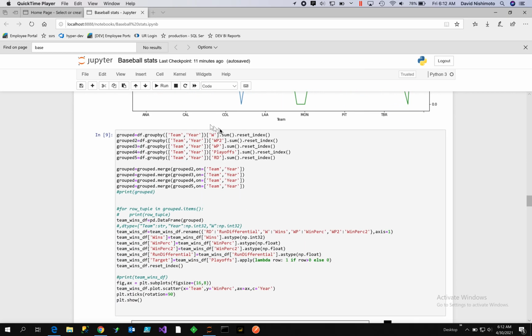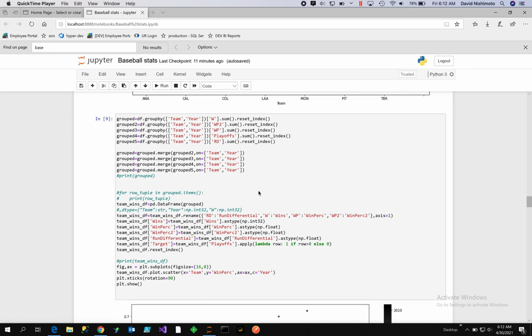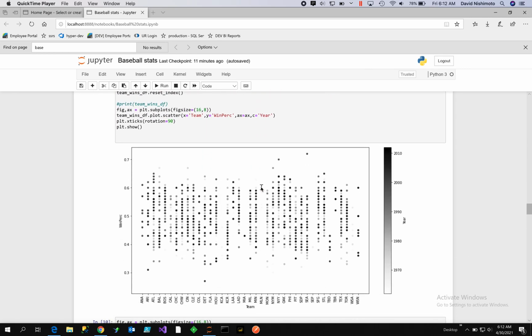Okay, in this one we'll look at win percent two, win percent, playoffs, and run differential. And we'll set those up, and then we'll plot them out.